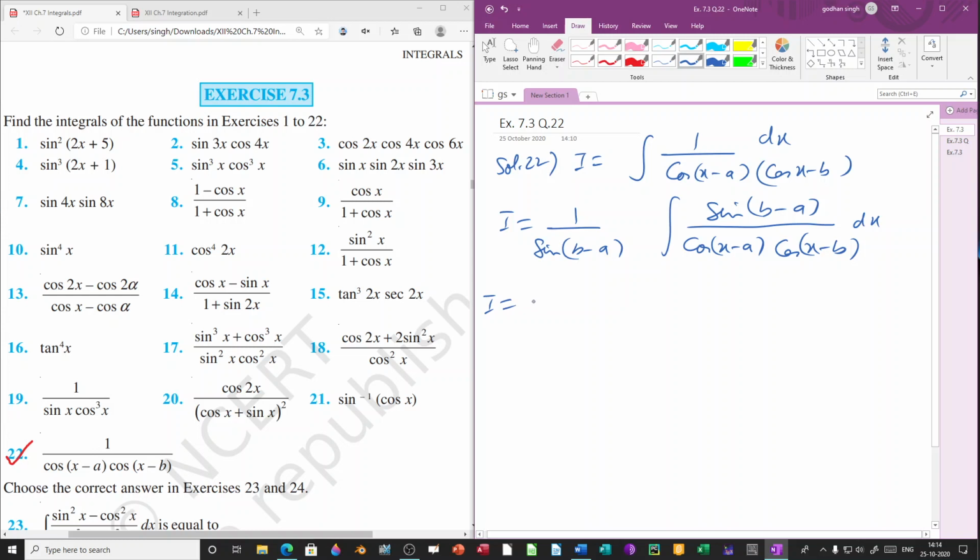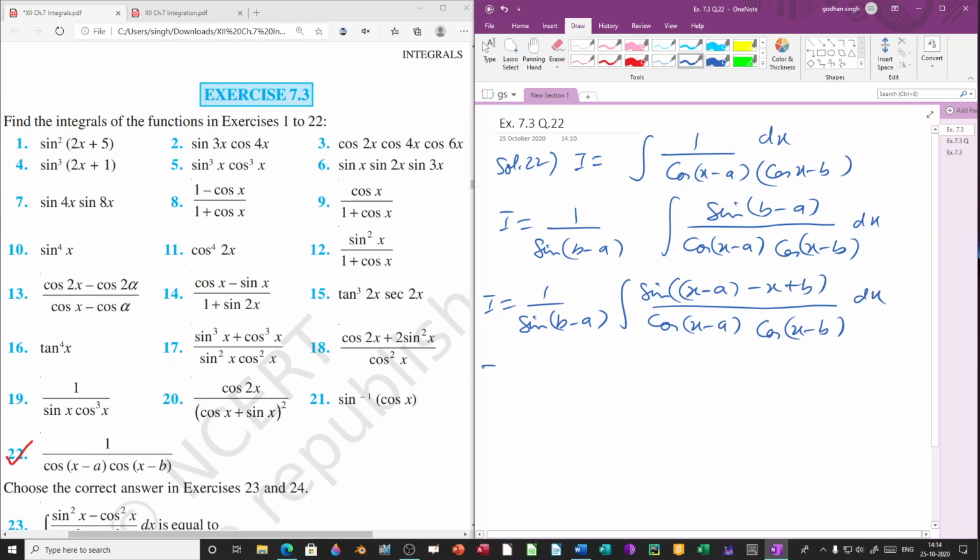I equals 1 over sin b minus a integration of, now in the numerator we can write b minus a as x minus a, and because we have added x, we will be subtracting x, so minus x plus b, whole divided by cos x minus a into cos x minus b dx.